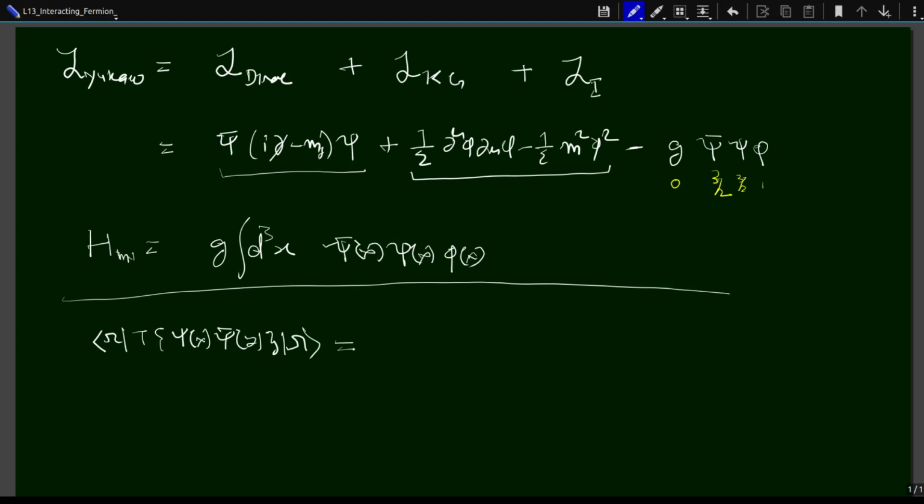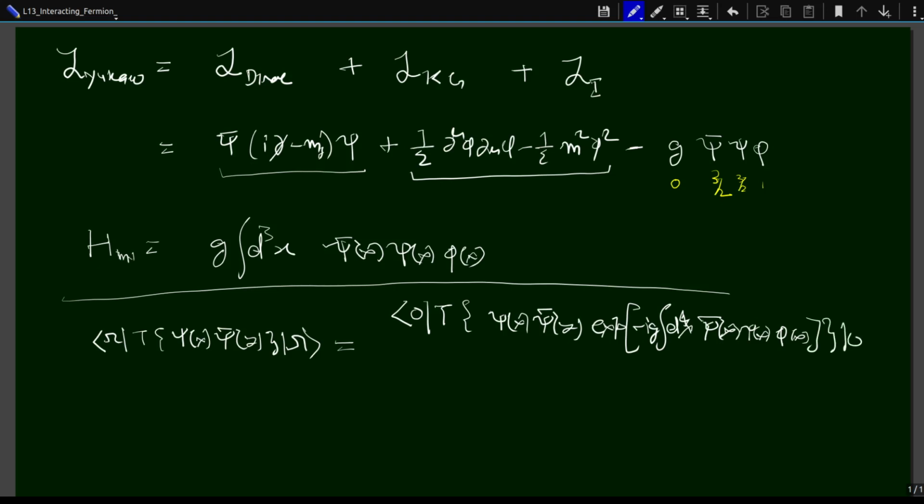Using the general formula as discussed in the previous lecture and also in the QFT1 course, this is going to be related to the time ordered product of psi(x) psi bar(y) times exponential of minus i integral d^4x, with the g sitting over here, psi bar(x) psi(x) phi(x).